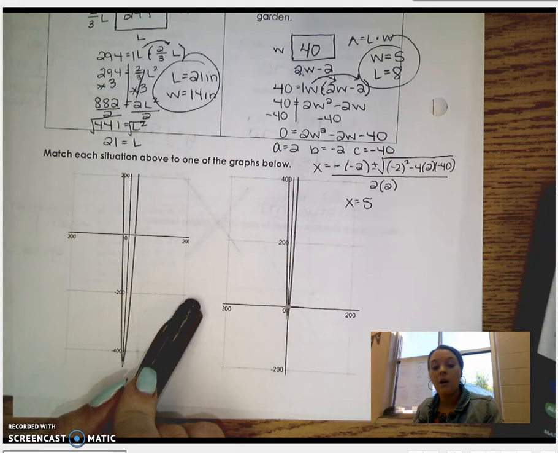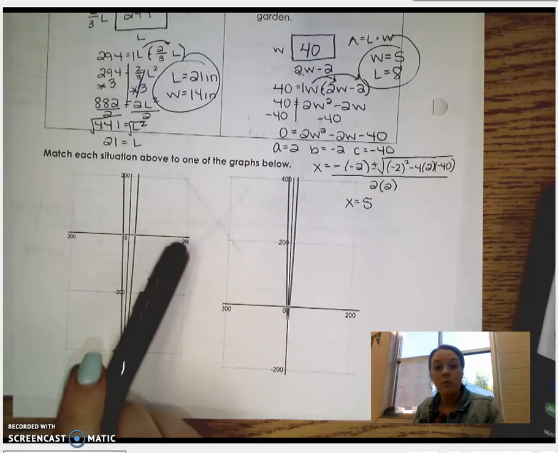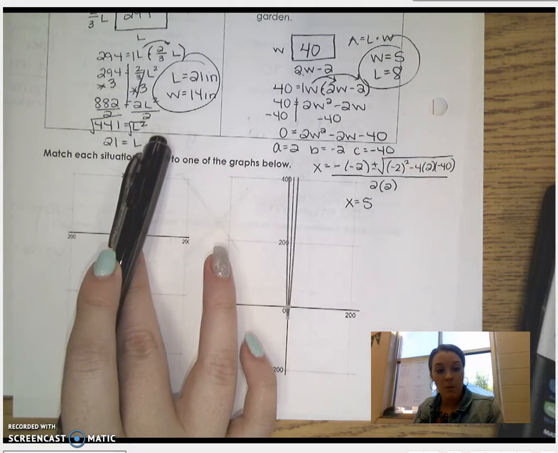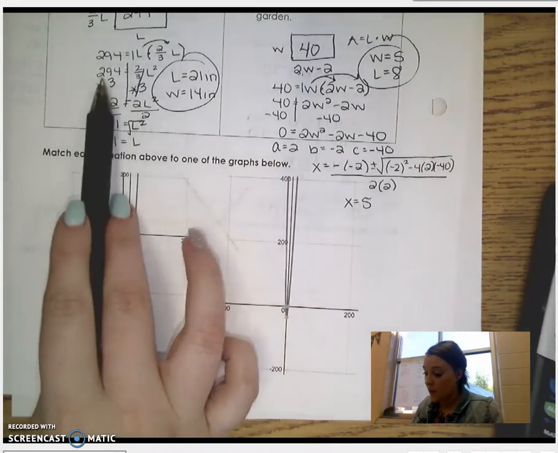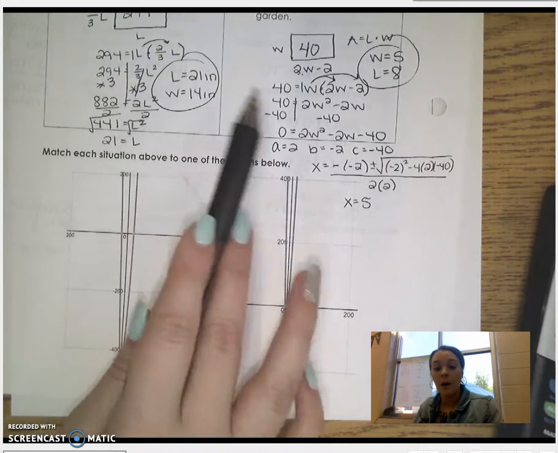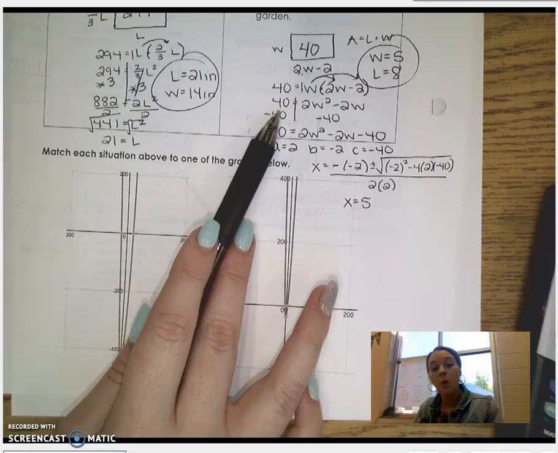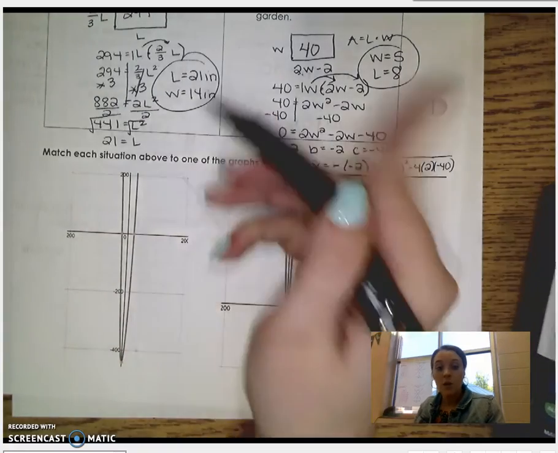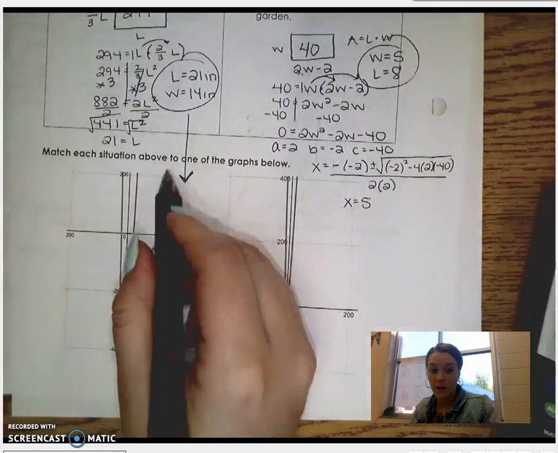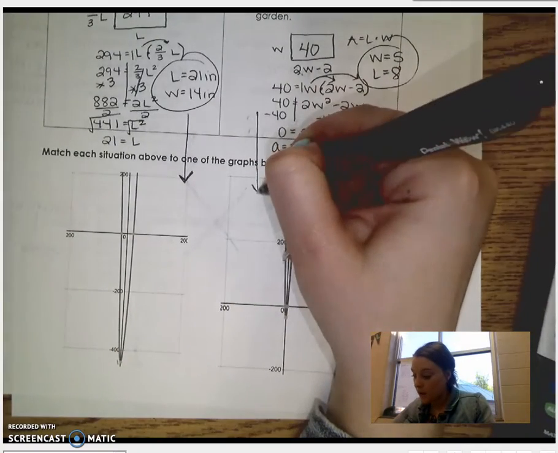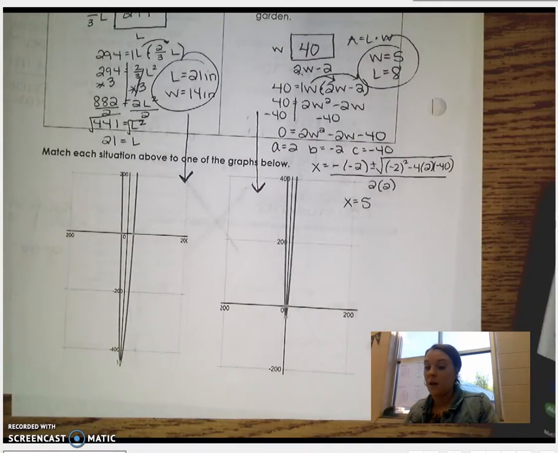My constant for this problem right here was 294. That's a very big number. My constant for this one was 40. That's a smaller number. So it's very obvious that the constant is more negative for this first problem than it was for the second problem.